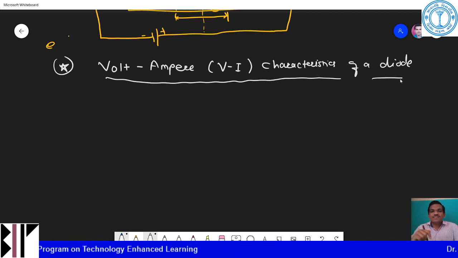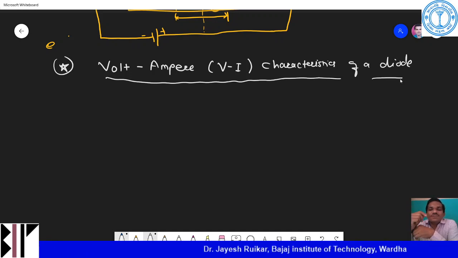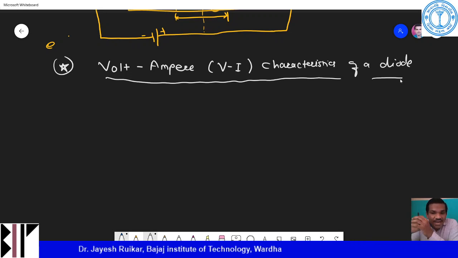Why are the VI characteristics important? They are important in order to understand the response of your diode when it is connected to an electrical circuit.